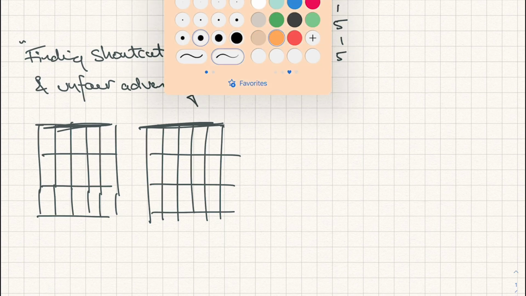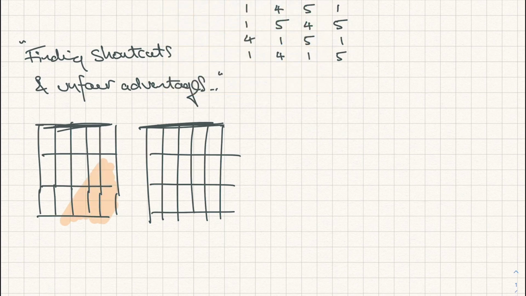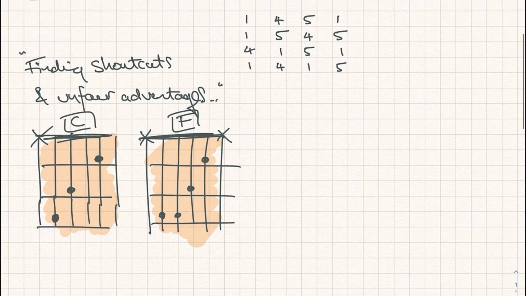Right, so what I'm going to do here is, because I did have a chord book when I started guitar, and the chord book helped me look at the relationship between different positions. So we got our C chord, we got our F chord, and for the purpose of this demonstration I'm going to use the easy F. You might be looking at it going, there's nothing easy about F. What are you talking about? But it's the easiest of the Fs, unfortunately. Right. So we got our C and our F.